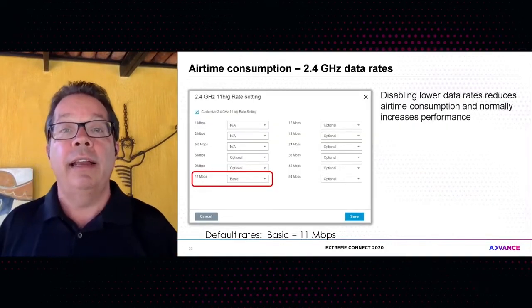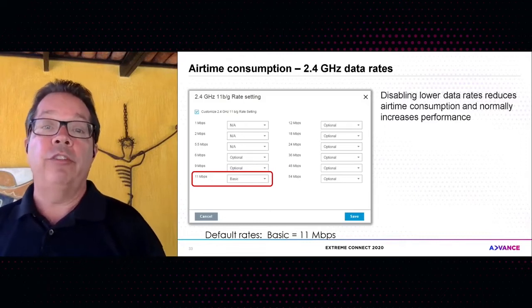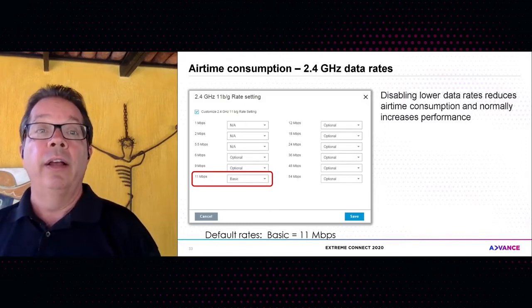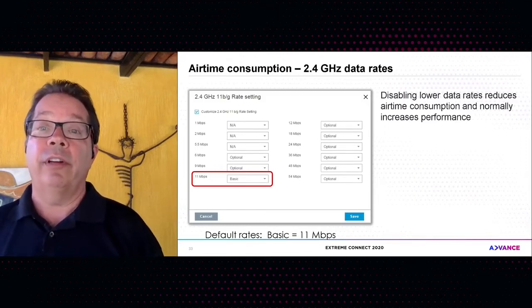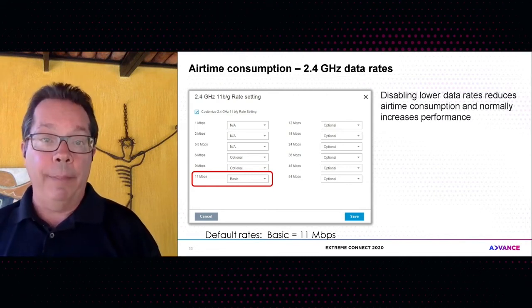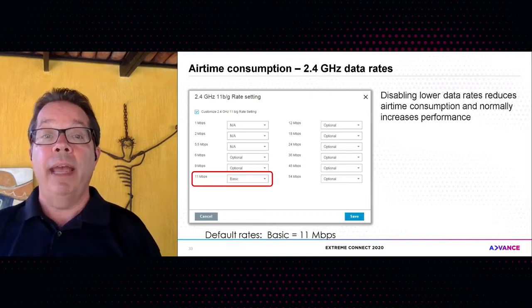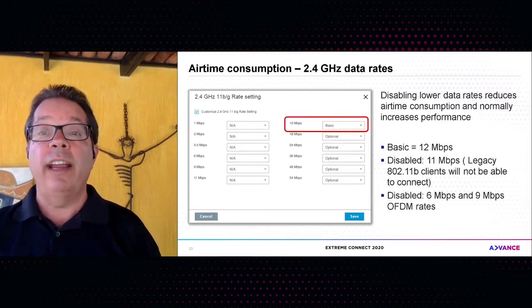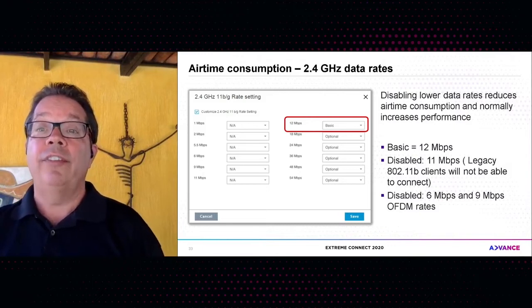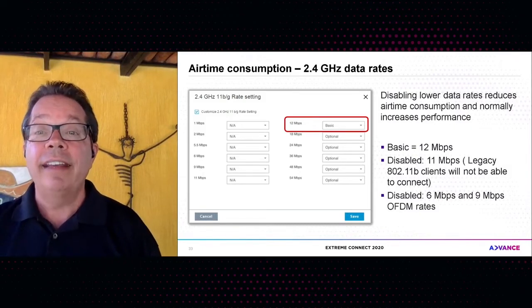Another way to cut down, and this is just a simple best practice that most people do right now, is to turn off a lot of the basic rates on your AP radios. In the 2.4 band, I'm going to recommend you use a basic rate of 12 megabits per second and disable everything under that.